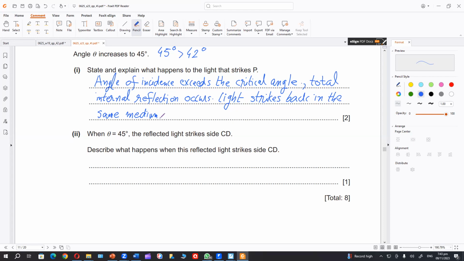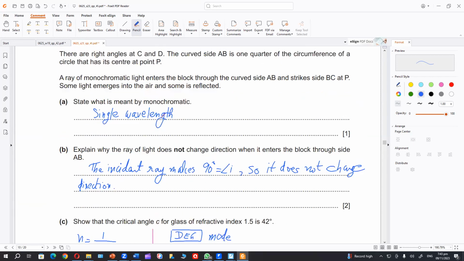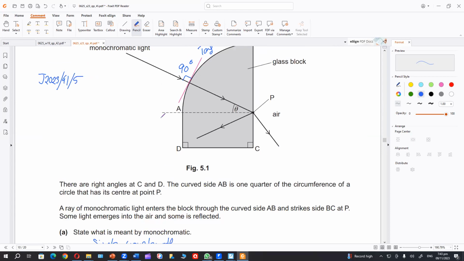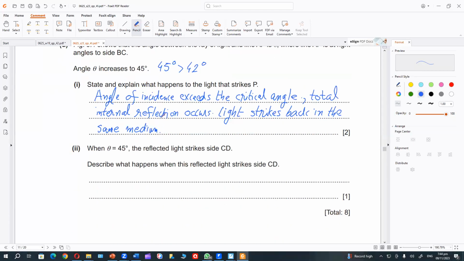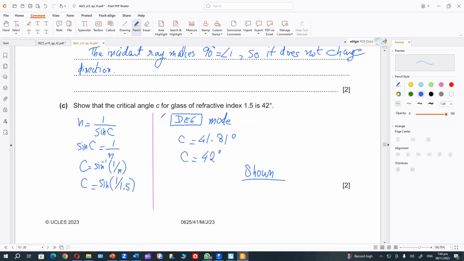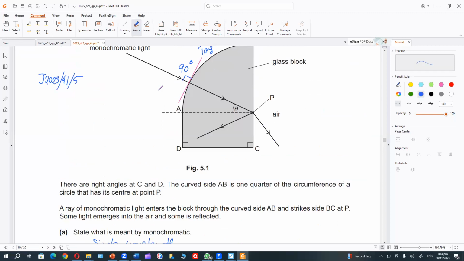When theta is 45, the reflected light strikes side CD. Where is CD? Okay, so let us extend this light.